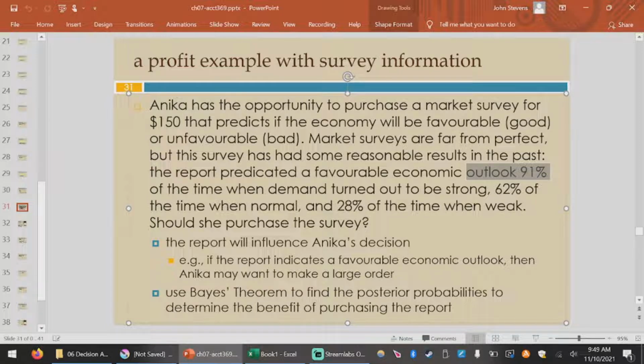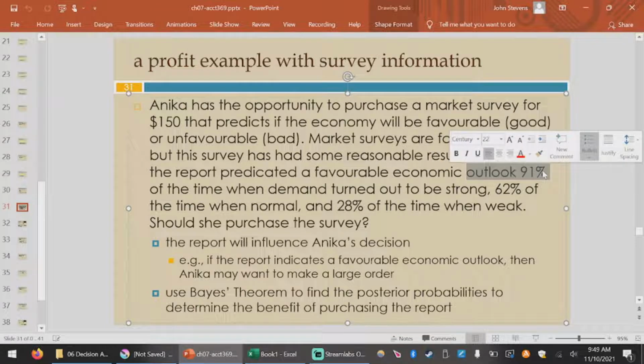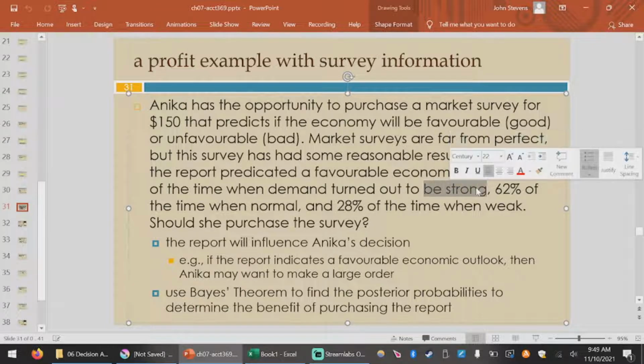So for me personally, if I can have a tree where I can put probabilities on the tree, that's going to be easier for me. And that's always how I've done it. So based on the information, the probability of being favorable is 91% given the market is strong.